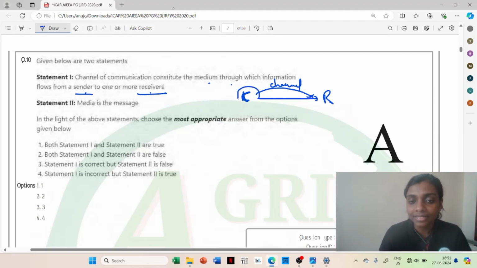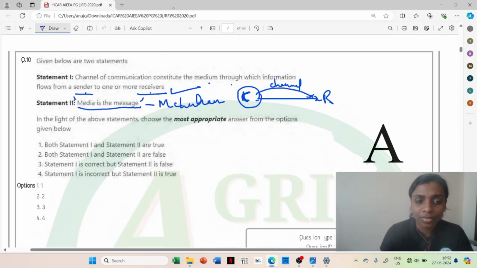So the channel of communication constitutes the medium through which information flows from sender to one or more receivers. So this option is correct. First statement is correct. Second one, media is the message. This is a confusing statement, but media is the message is a phrase given by McLuhan.